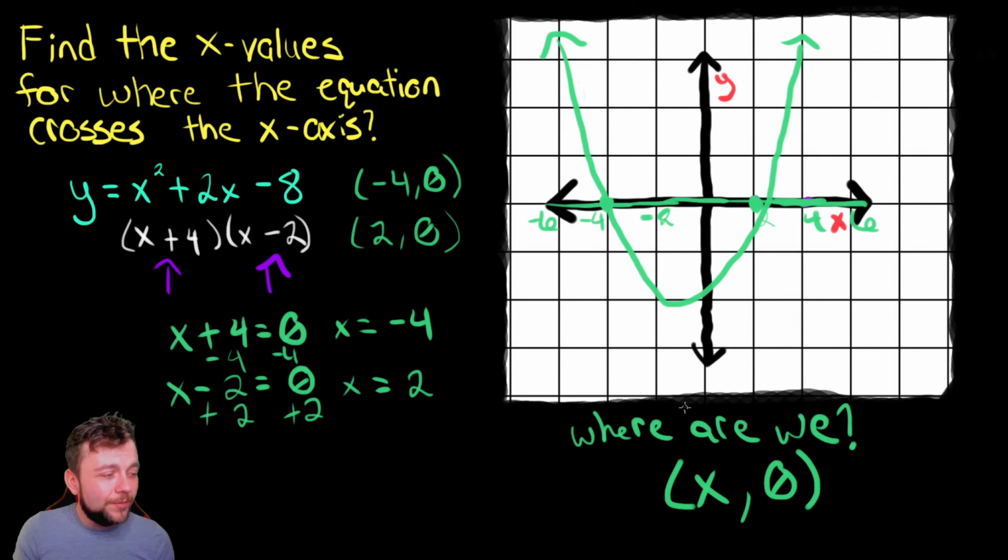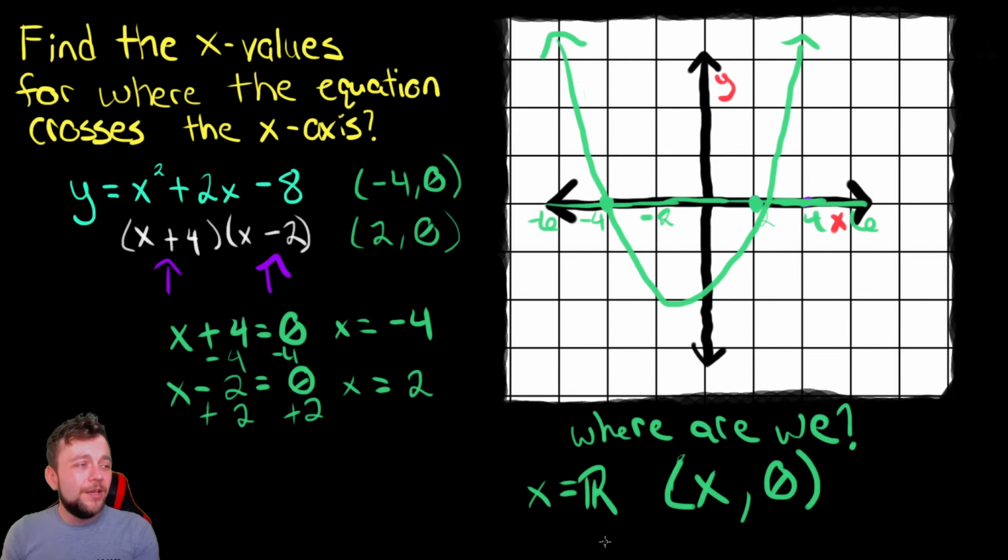In a sense, this is the graph of your x-axis. When I say this ordered pair, I'm saying x equals all real numbers, right? That would be your graph for your x-axis.